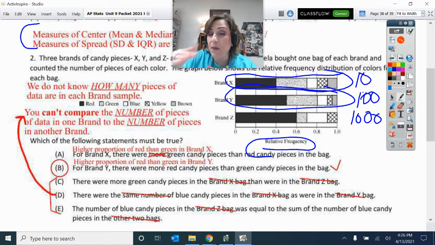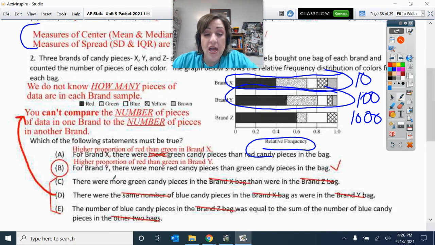So you cannot compare brand to brand when you're comparing the number of items. I can compare percentages from brand to brand, but not how many, not the number. And that actually is what statements C, D, and E do.